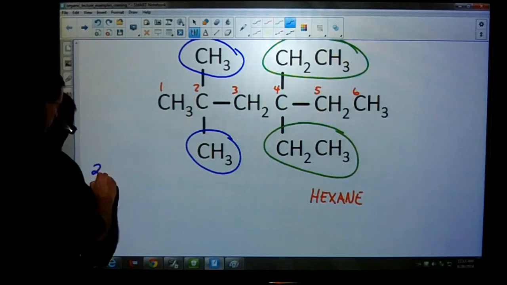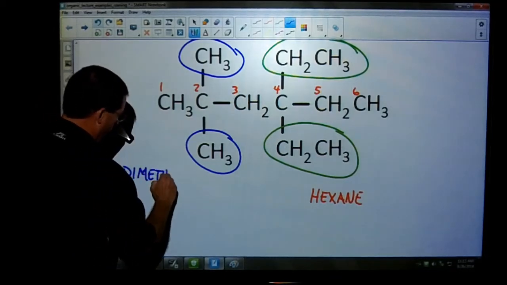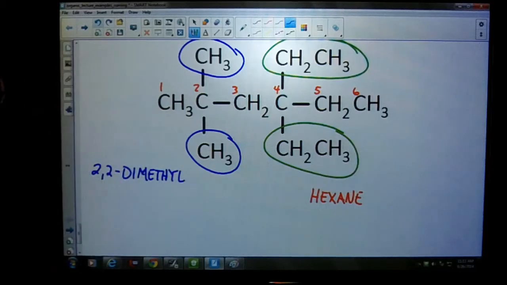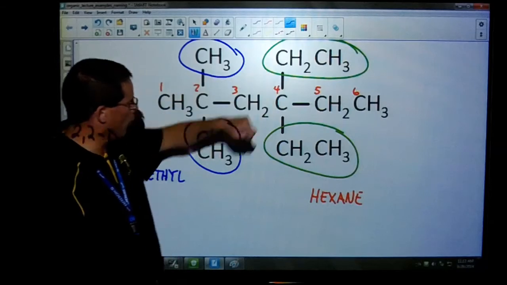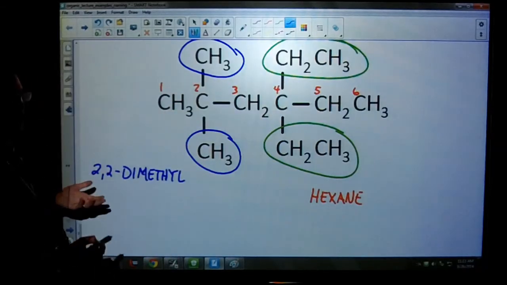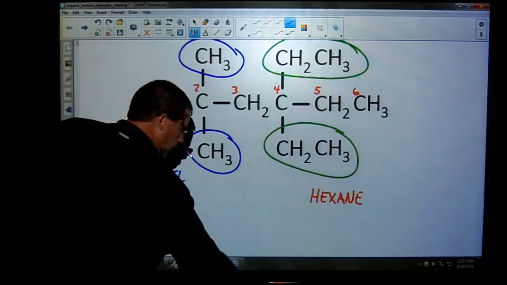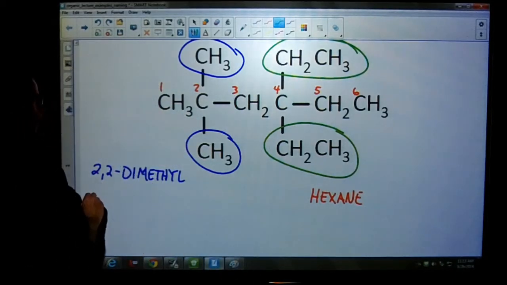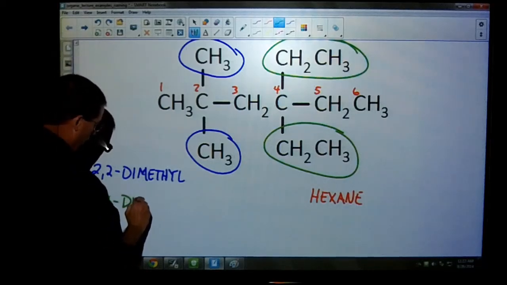So 2,2-dimethyl. Okay. And we also have 2 ethyl groups on the number 4 carbon, so we're going to go 4,4-diethyl. Okay. So let's do that. So 4,4-diethyl.